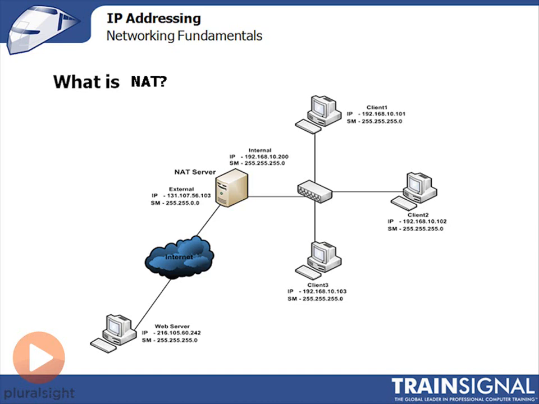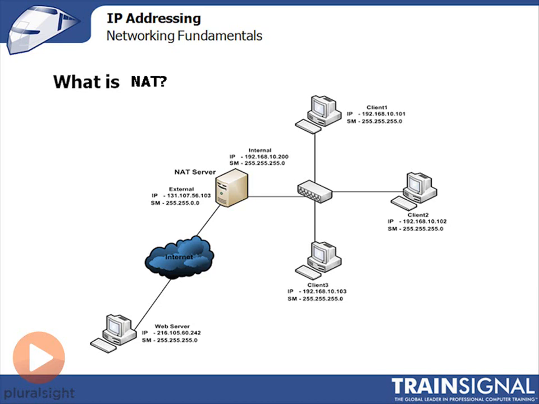And then you have this web server out on the internet. I have it listed with an IP address of, again, this is just random, 216.105.60.242. And when it responds back to the NAT server, right, because that web server doesn't know anything about that internal client. It only knows about the NAT server. It thinks that that's where the request came from.